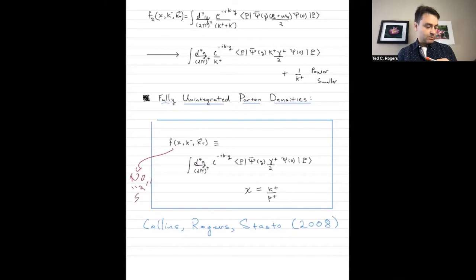The fact that I haven't added a 3 subscript should tell you that we're pretty much done, so keeping subscripts is no longer really helpful for us. And now x, remember, I previously defined it as K plus over root 2 EP, but in this infinitely boosted approximation, it just becomes K plus over P plus, so it's really a light cone momentum fraction.